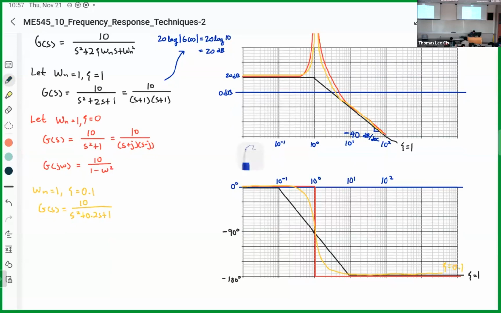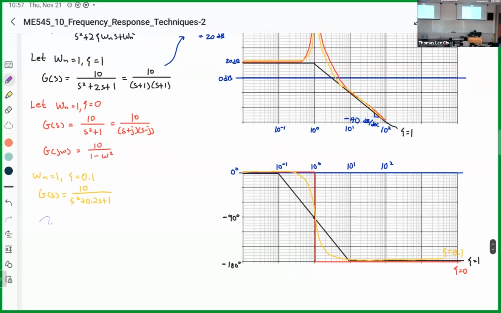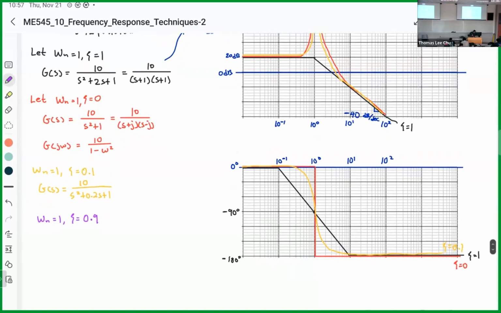You also indicate the red line is zeta equal to 0. Okay, and then let's look at a condition where zeta is close to 1. I'll give you the conditions on when there will be a bump and there won't be a bump.